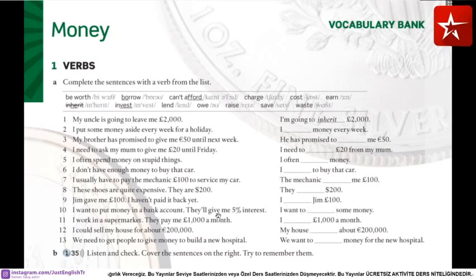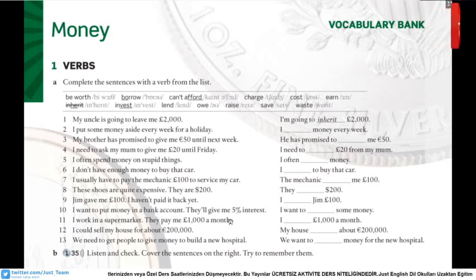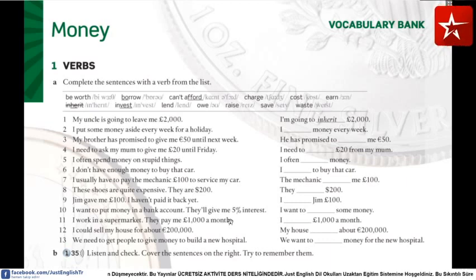All right, 11. I work in a supermarket. They pay me 1,000 pounds a month. So I work in a supermarket, okay, and they pay me 1,000 pounds a month. So which one should we use?